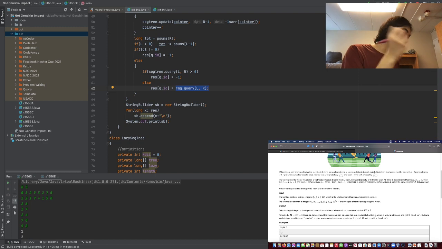-2, -1, 1, 0, -1, 2. How do we figure out the minimum number of moves we need? -2. Okay, this can carry over, this can carry over, that carries over as well.